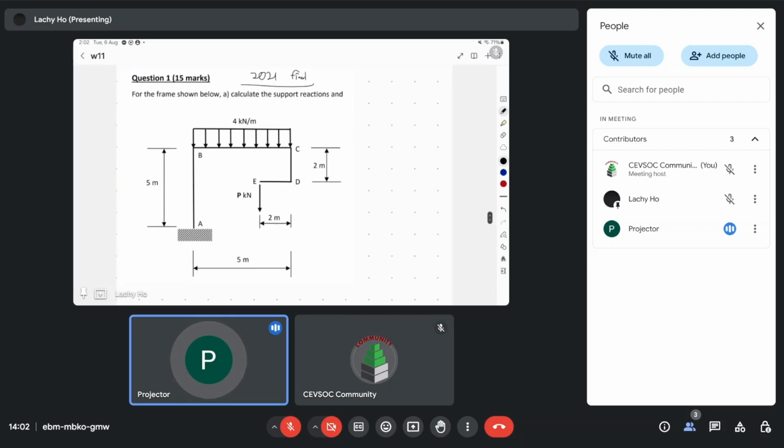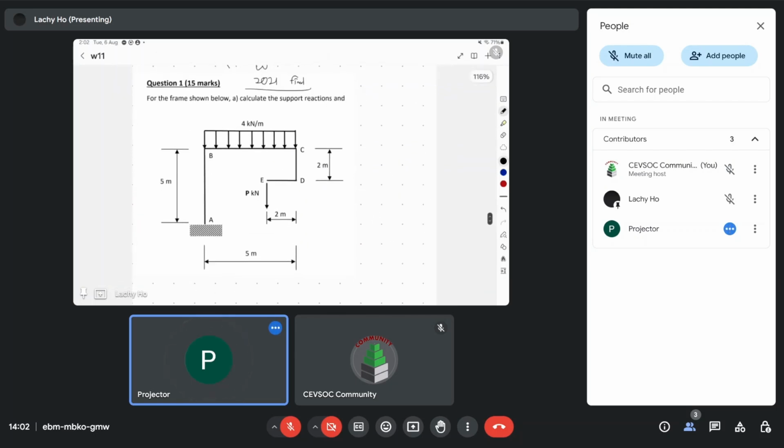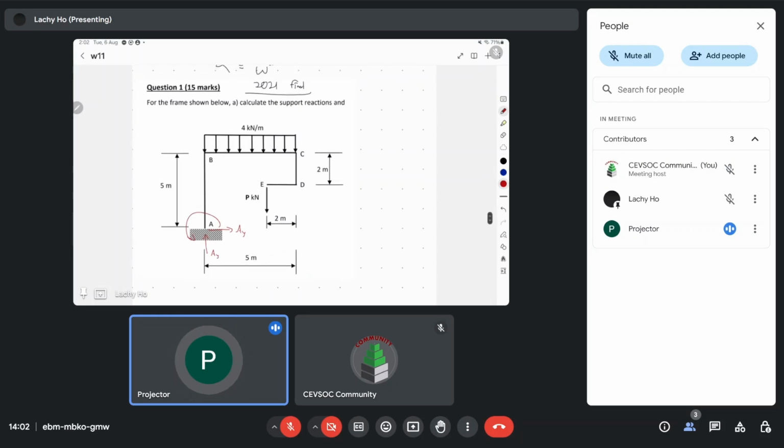Okay, so let's look at this frames question now. Here we first have to calculate the reactions. Looking at the different types of reactions, this here is a fixed joint, and fixed joints have not only an X and Y, but also a moment reaction.